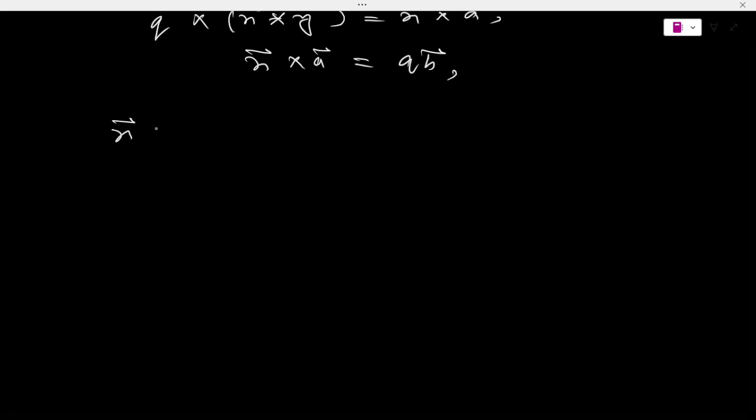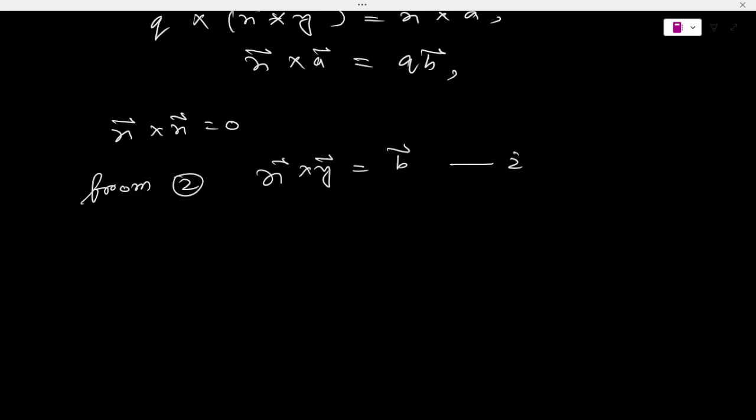So partially x vector cross of x vector is equal to 0. So from equation number 2, x cross of y, it will be b vector. Okay, so this will be equation number 3.